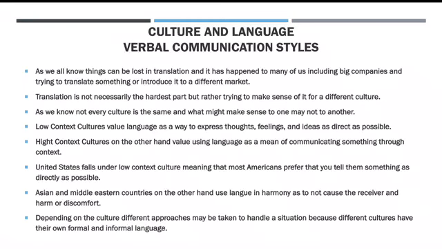Asian and Middle Eastern countries, on the other hand, use language in harmony so as not to cause the receiver any harm or discomfort. What this does is make the receiver analyze the speech they are receiving in order to get a message, instead of being direct.